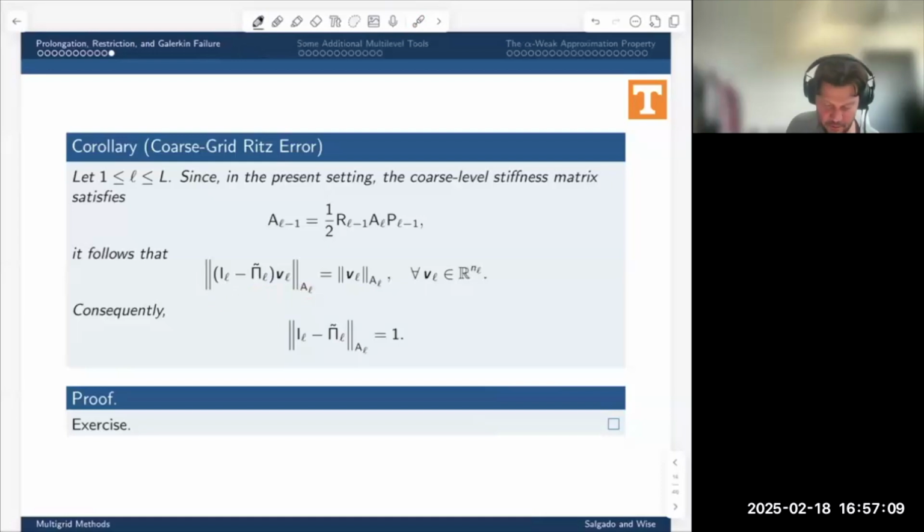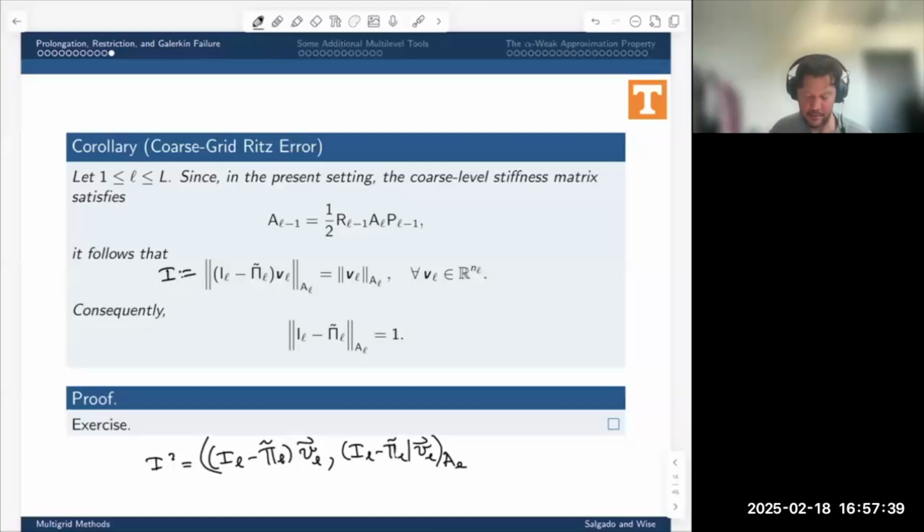It's pretty straightforward. We'll call this thing I. So I squared is equal to (I_L minus pi_L tilde) V_L, (I_L minus pi_L tilde) V_L in the A_L inner product.